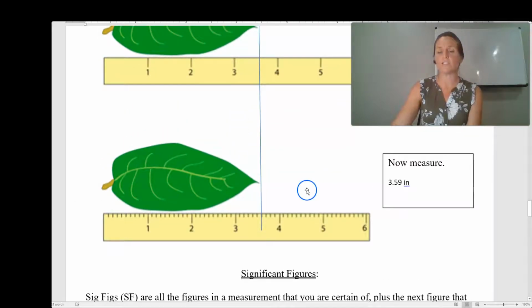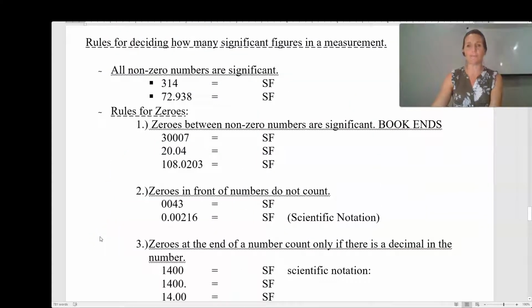We might prefer to choose a ruler like this bottom one over a ruler like the top one because of the certainty in the measurement that it gives us, and that's a really significant thing in chemistry. So when it comes to determining significant figures, there are a series of rules to help us determine how many significant figures there are in a particular measurement. So we're going to go through those rules now together.